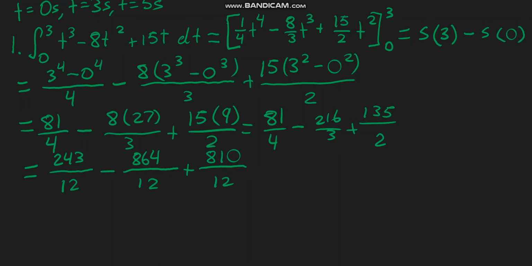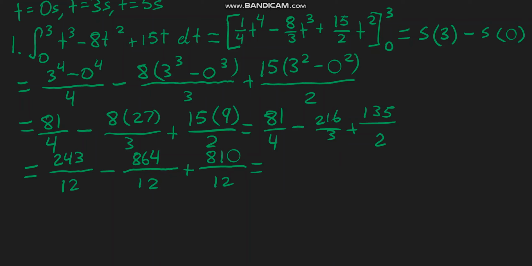Now, we all have the same denominators, so we can combine. 864 is pretty close to 810, so I'm going to add those first since this looks easier. 864 is negative, so we're going to subtract 810. 64 minus 10, we get 54, so we have negative 54 over 12.